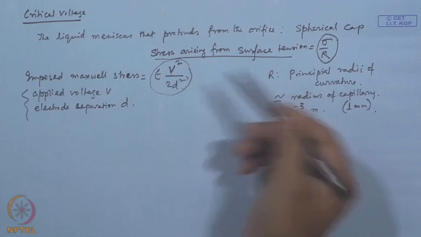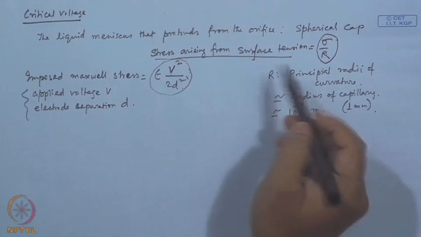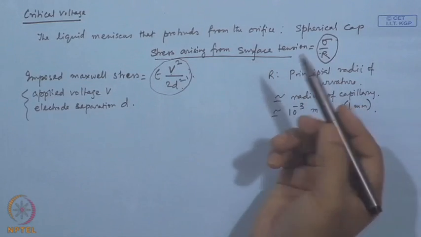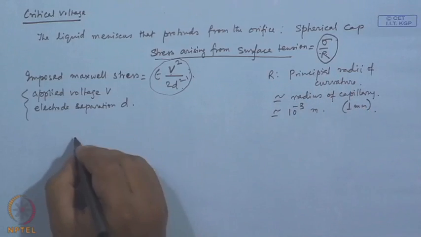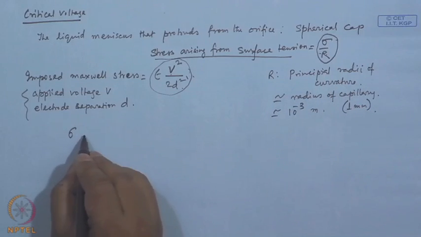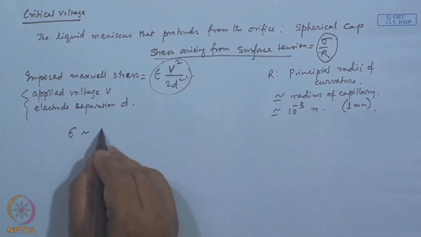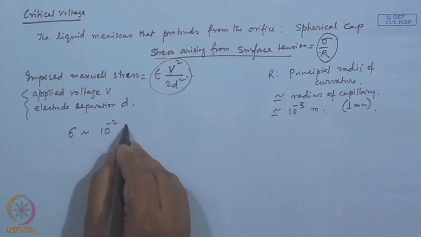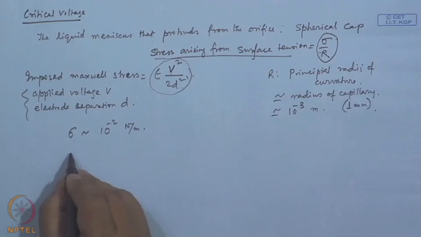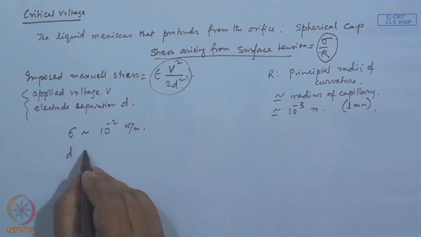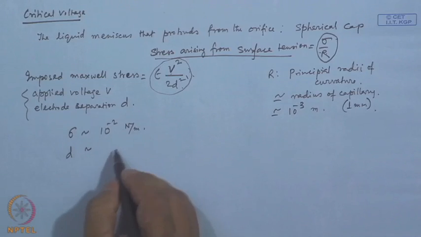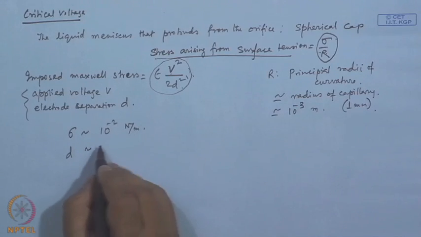Okay. So, if you equate these two and try to find out the order, you can take sigma as 10 to the power minus 2 Newton per meter. D is the distance between the two electrodes, which can be taken as, say, 1 centimeter.